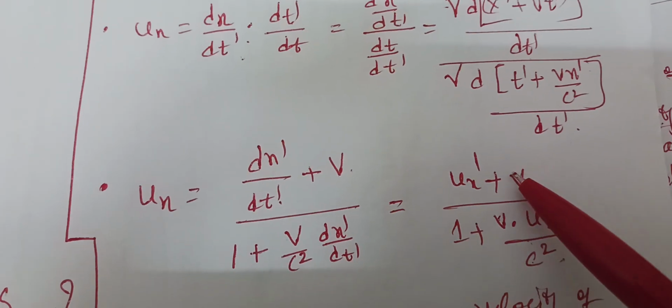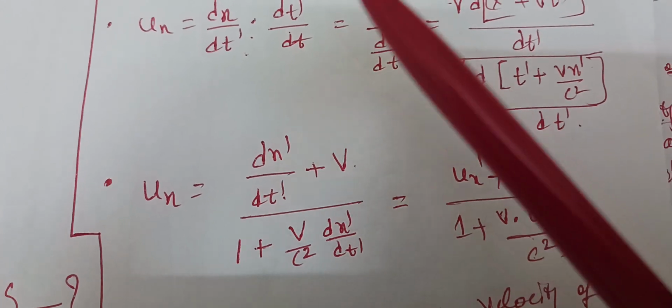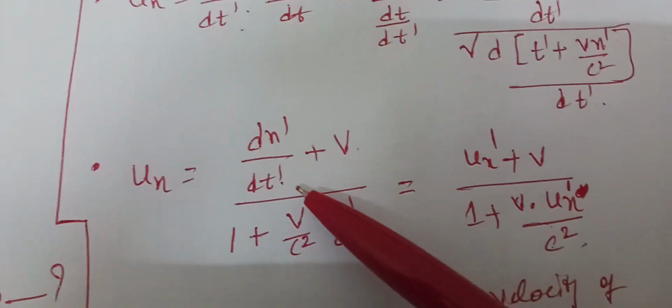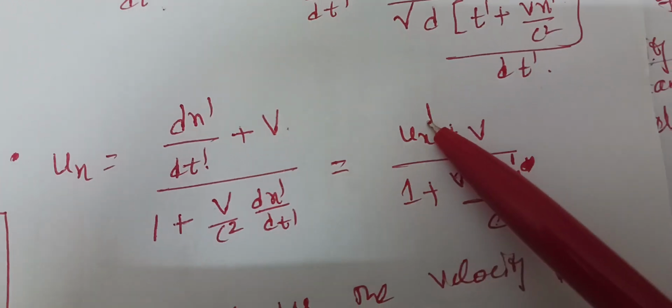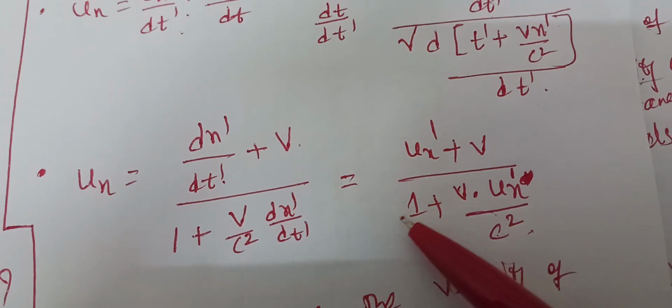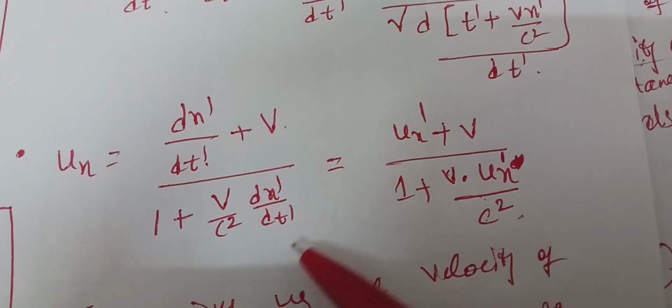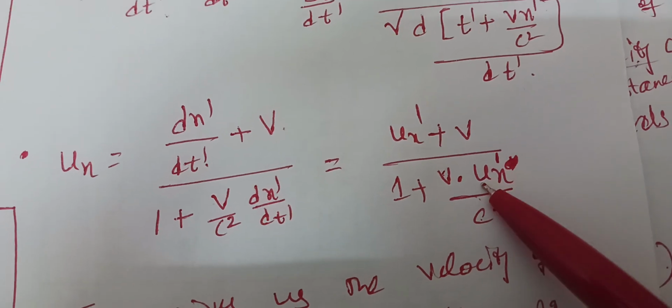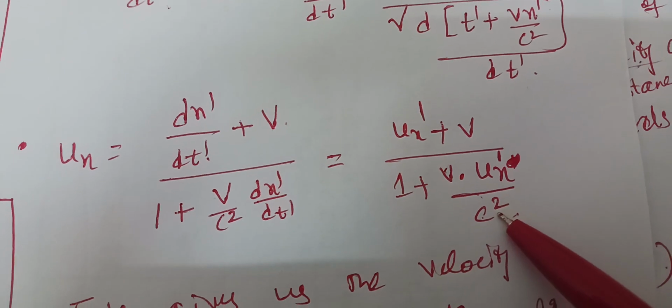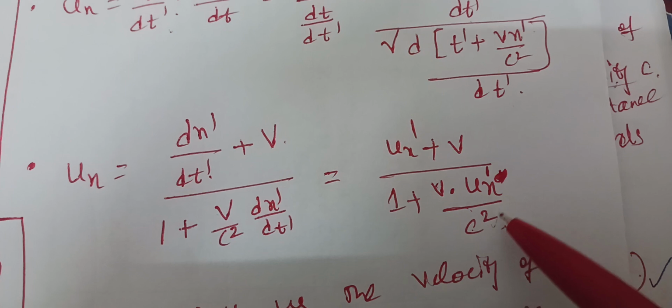Now I can rewrite dx by dt as ux. We have dx dash by dt dash, which I can write as ux dash, so ux equals (ux dash plus v) divided by (1 plus v into ux dash by c square). Now this is an important expression.